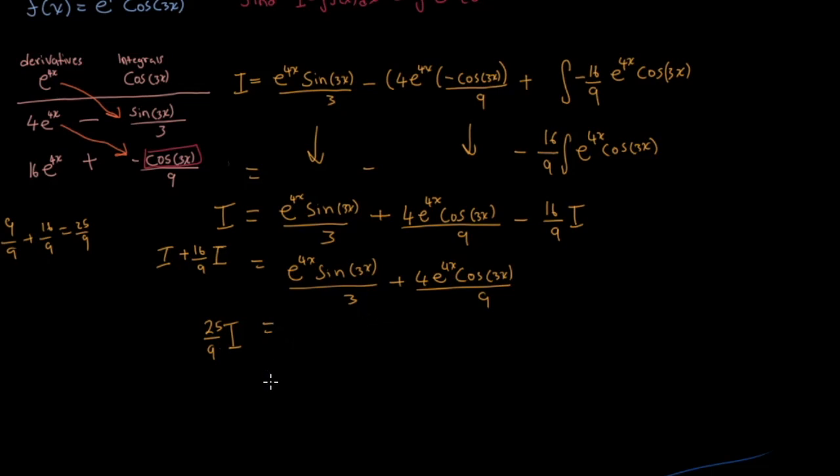Now we can multiply both sides by 9 over 25.